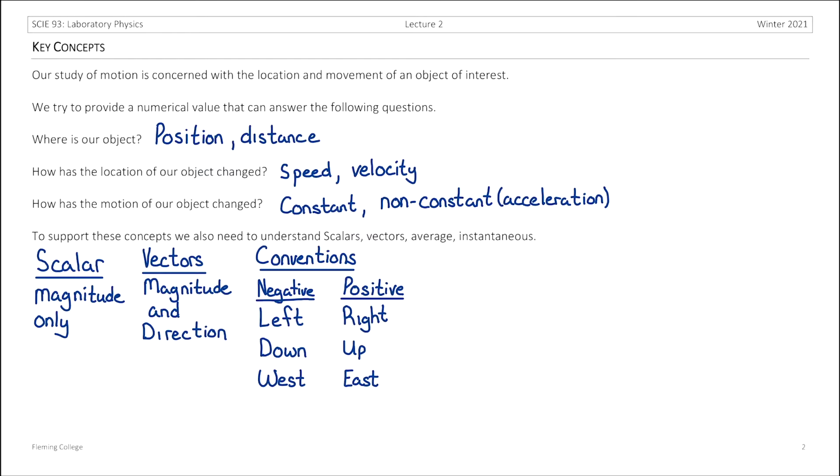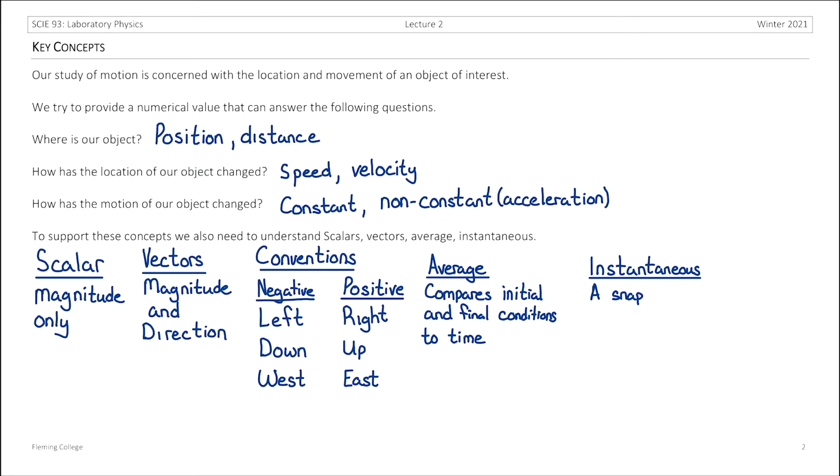Every time we're talking about how objects move, we could be talking about two different types of measurements. An average measurement, and our average measurement always compares the initial and final conditions to the amount of time it took for that change, whereas the instantaneous measurements will look at the smallest possible snapshot of time.